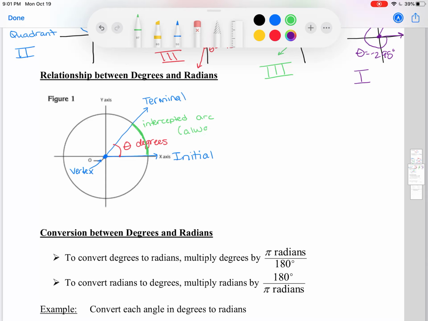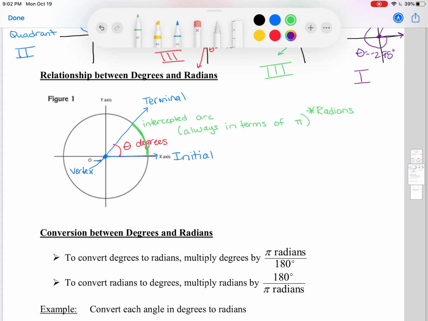And so we will say the intercepted arc is always radians, and it is always going to be in terms of pi. Okay, and that, my friend, is our radians.